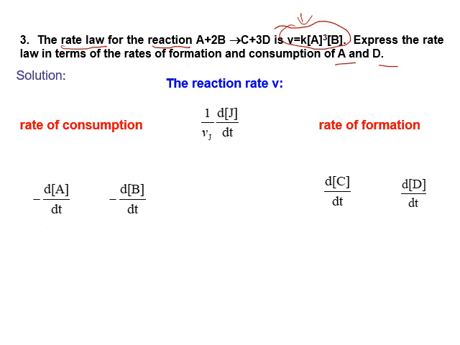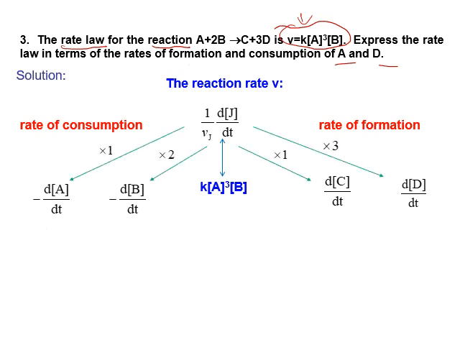So the relation is here, individual rates and reaction rate. In this case, the reaction rate is given. It asks you to calculate individual rates of A and D. So from the reaction rate, you multiply by the coefficient. For A, you times 1, and for D, you times 3.